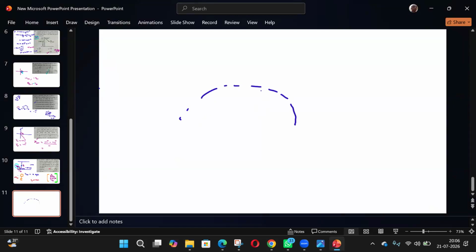There's only one acceleration, which is the Earth's gravity, which is downwards. At the topmost point, the tangential acceleration is 0. But here, this is the tangent, and this is G. I have to take the component of G in this direction, so G cos will be negative.